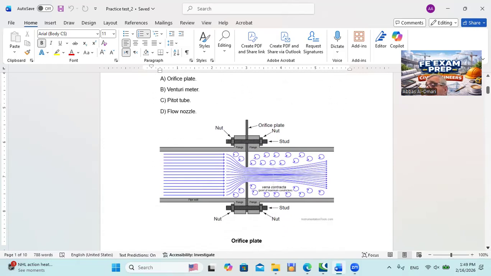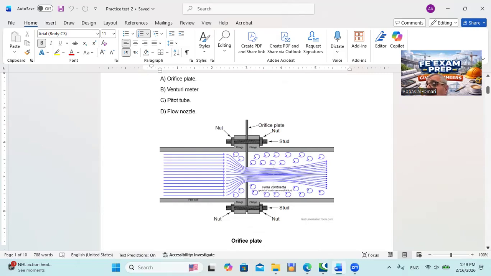So this is an orifice plate. The first one is an orifice plate. In the orifice plate, there's an orifice, a plate with an orifice placed in the pipe. At the location of the orifice, because the diameter of flow decreases, the velocity increases.